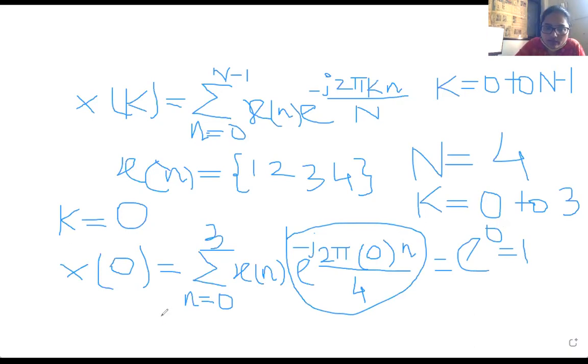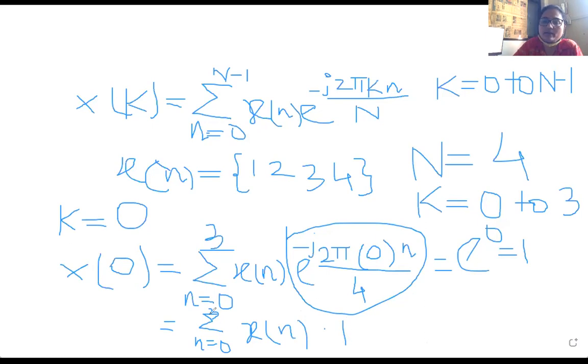So I can write this equation in the simplified form as the summation, n varies from 0 to 3, of x of n multiplied by 1, because e raised to 0 is 1.